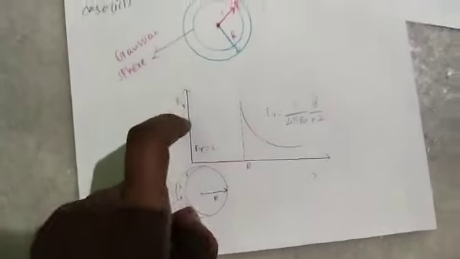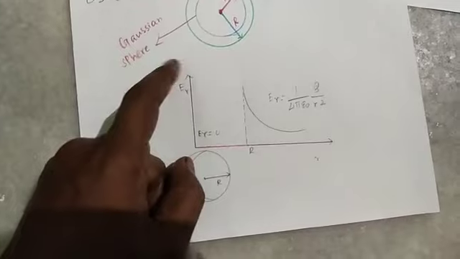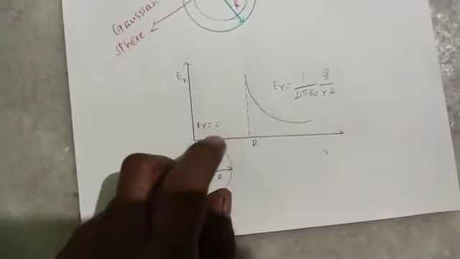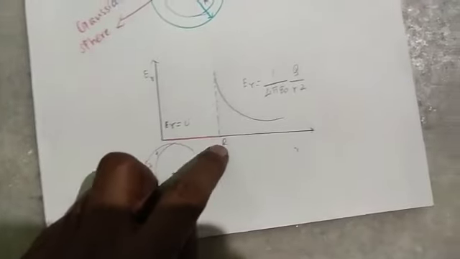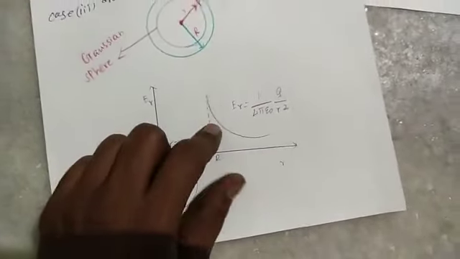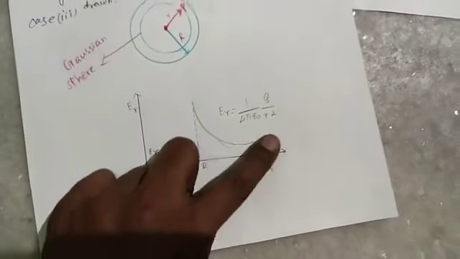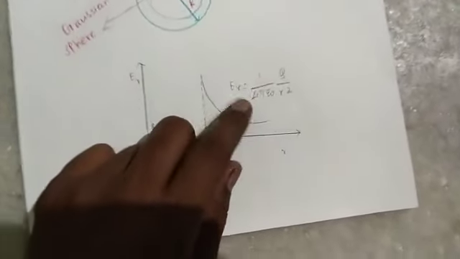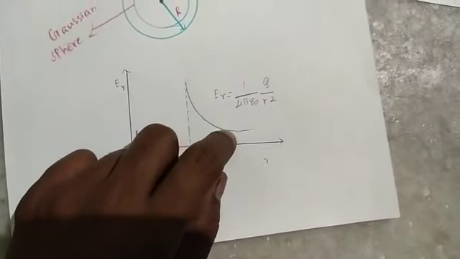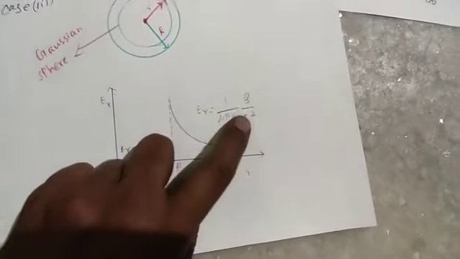The electric field is along the y axis and r is the radial distance. The field decreases as the distance increases, because E equals 1 by 4 pi epsilon naught into q by r square. As the distance increases, the field decreases.